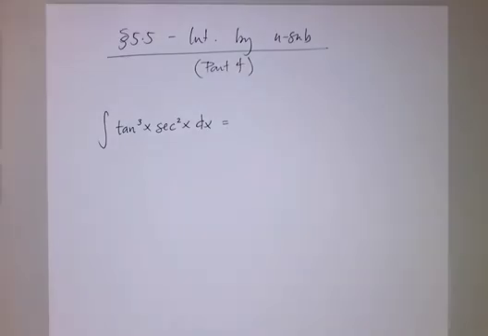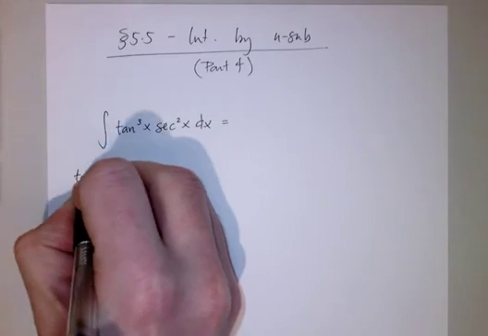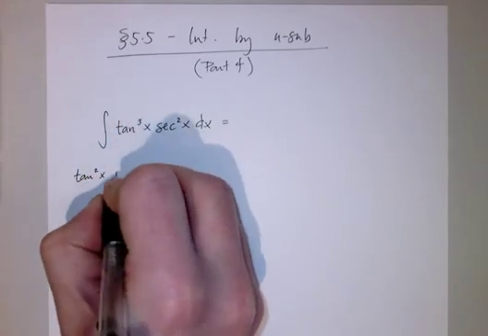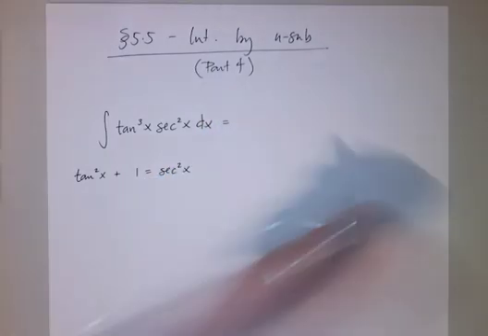Now, do we happen to remember those Pythagorean identities? We should. We should remember that tangent squared x plus 1 is equal to secant squared x.